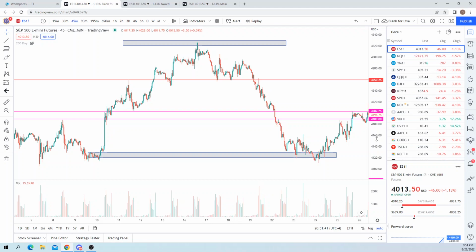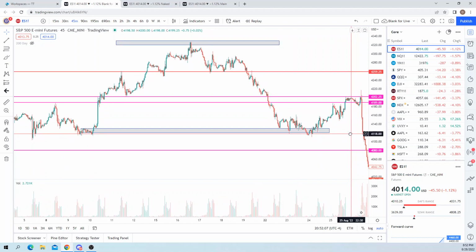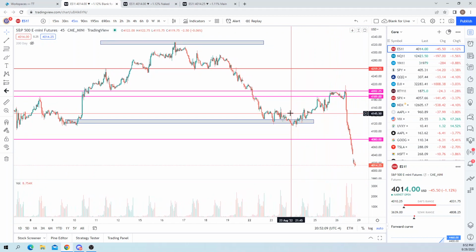So we had two catalysts on this particular day. PCE came out slightly bullish, and as a result, price moved higher into my 4,200 region. This is where I wanted to get short. I'm just going to fast forward, and you can see exactly what happened.